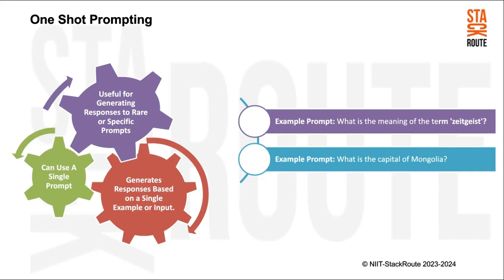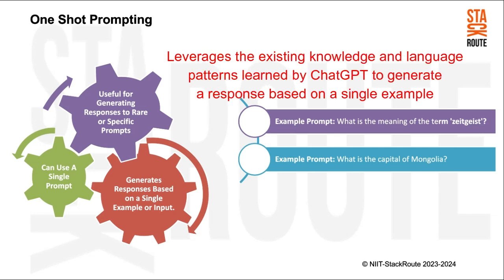One-shot prompting is particularly useful for generating responses to rare or specific prompts where there may not be a large amount of training data available. Instead of requiring a large corpus of training data, one-shot prompting leverages the existing knowledge and language patterns learned by ChatGPT to generate a response based on a single example.